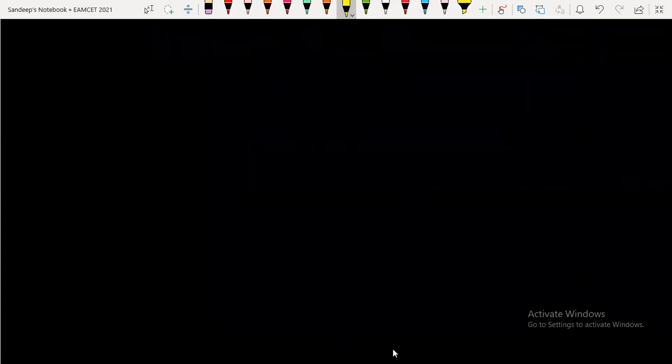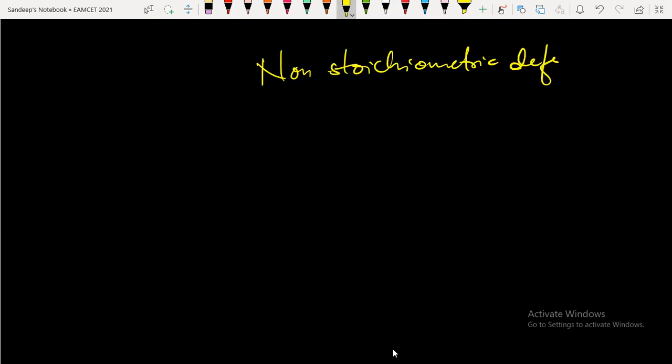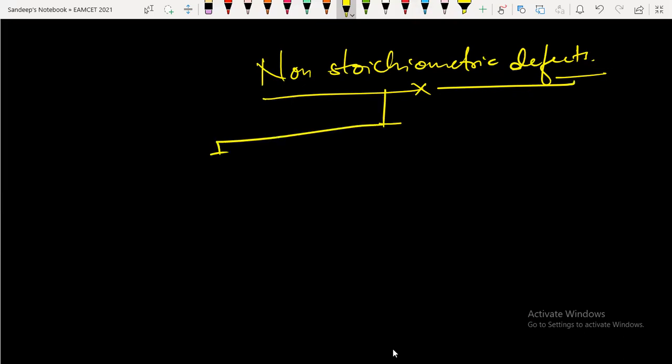Now coming to non-stoichiometric defects. Until now we have discussed the defects which were stoichiometric, but there are a large number of non-stoichiometric compounds known in inorganic compounds. So there are two types: metal excess.